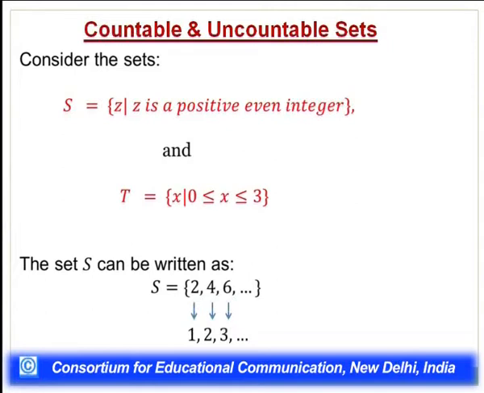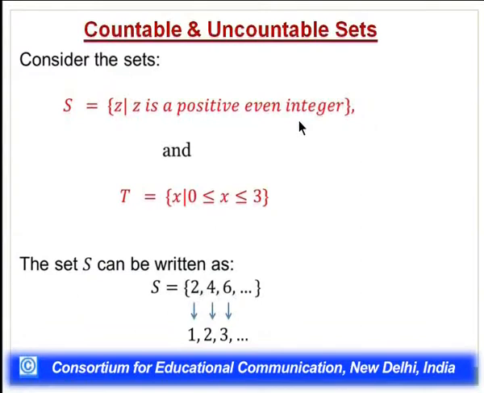The question here is, if you stare at these 2 sets hard enough, do you see any feature by which you could tell some difference between the sets S and T? And the answer here is yes. So listen to me carefully here. The set S has as its elements the positive even integers 2, 4, 6, 8 and so on. Now what I can do with this set is relabel the elements.